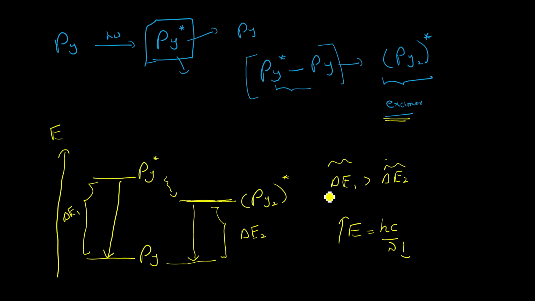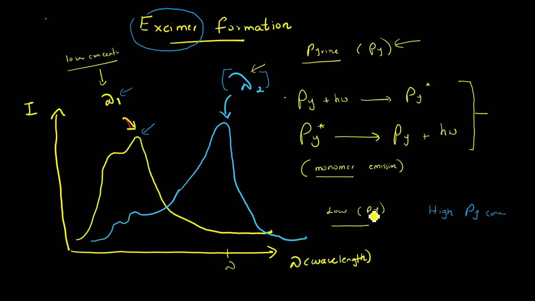So this delta E1, which is the higher energy, corresponds to the lower lambda value. So this one here is the high energy emission, and this is the low energy emission, right? This is the low energy emission.